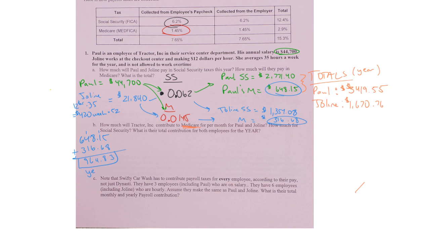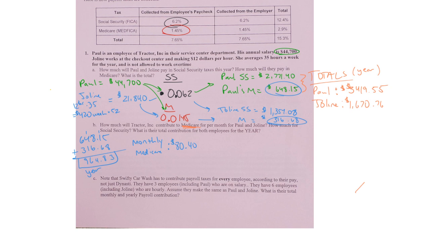That's for the year. So I'm going to divide that by 12. So they're going to pay monthly, and I'm going to label this monthly Medicare is going to be $80.40.